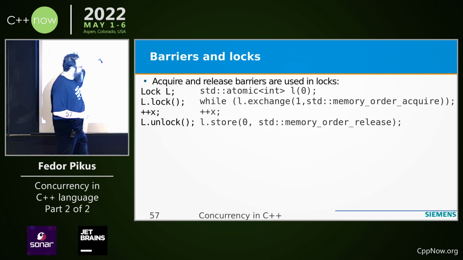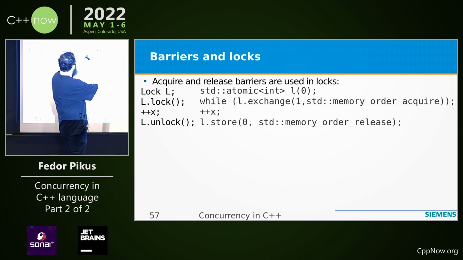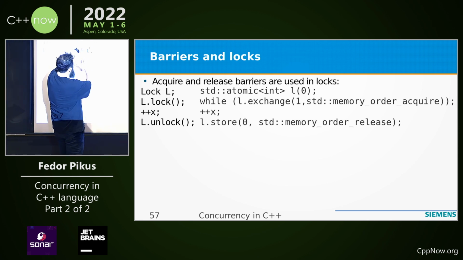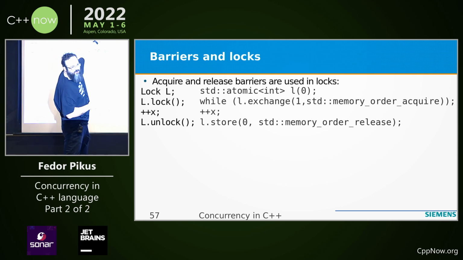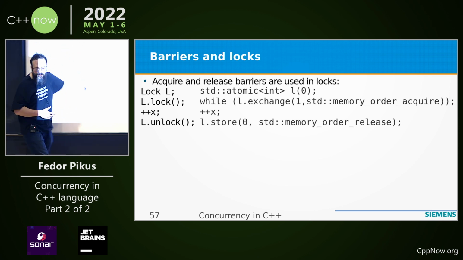But that's not enough, because we still have no guarantees about that X. You have to put the barrier of the memory order acquire, which means anything that you do after the barrier is guaranteed to see the memory state how it was when you did that atomic operation. So whatever changes somebody else did before become visible to you, guaranteed.